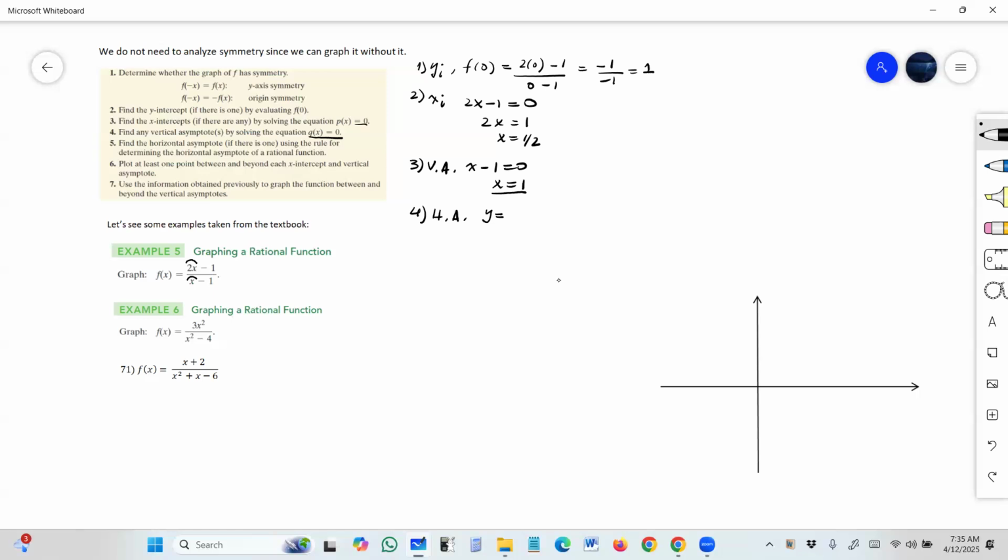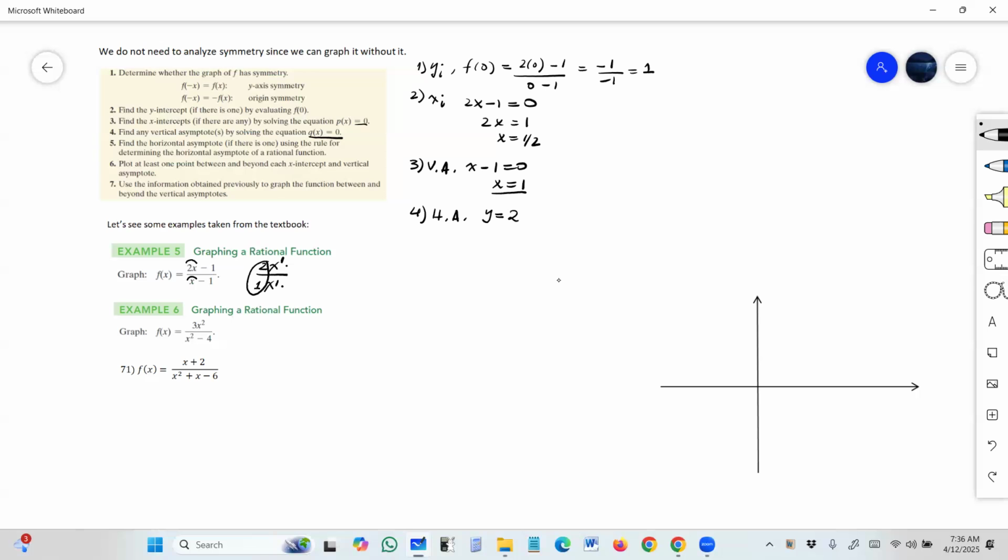In this case, the leading exponent of the numerator is 1. The leading exponent of the denominator is 1. When that happens, when they're both equal, the horizontal asymptote is the leading coefficient of the numerator divided by the leading coefficient of the denominator. Okay, so that has to be memorized.